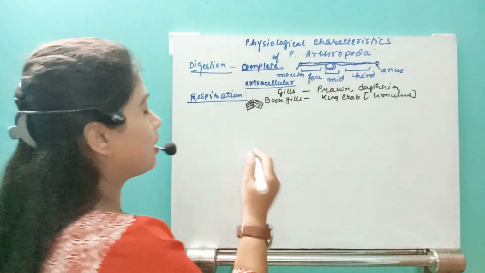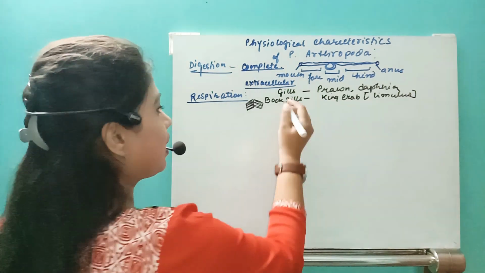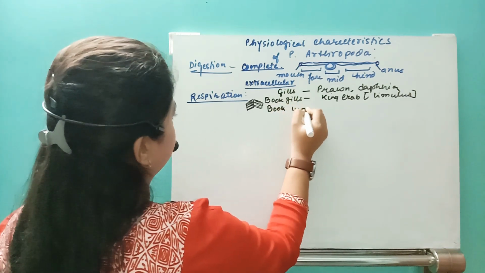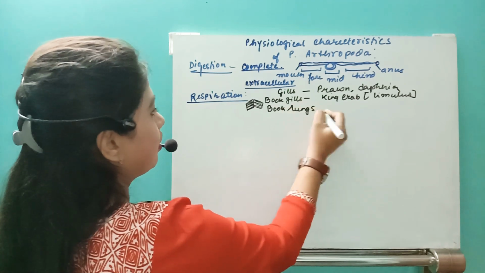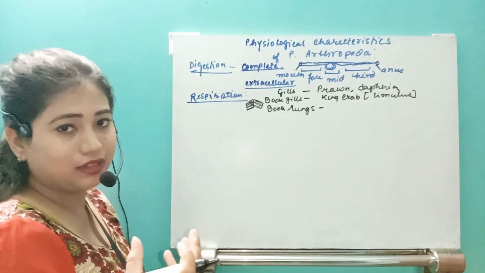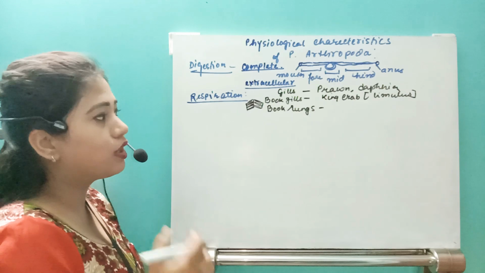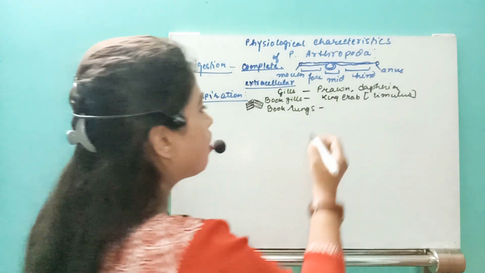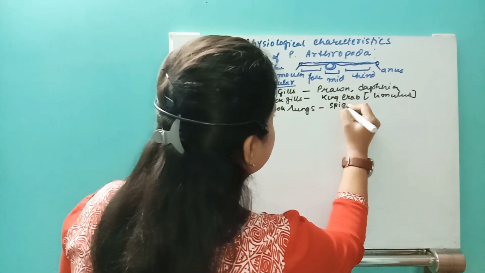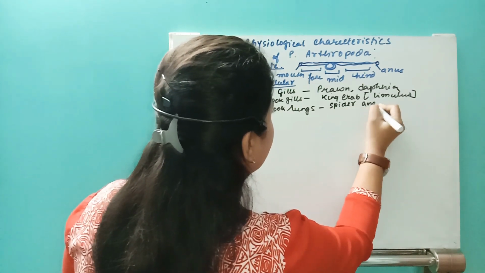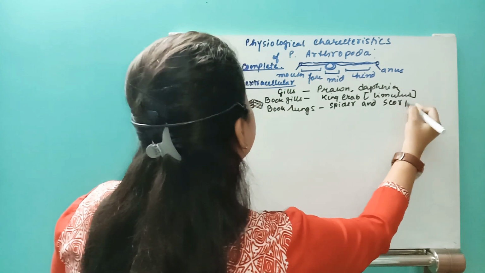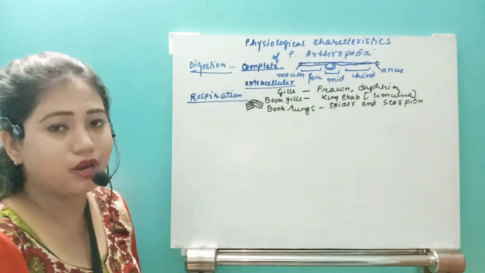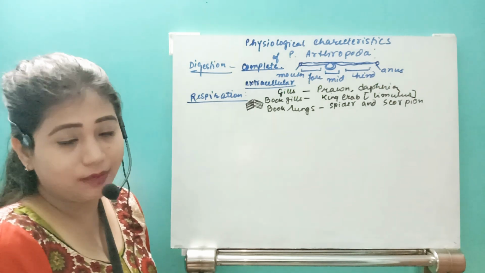Next characteristic: some organisms are going to have book lungs. It looks like an advanced form of book gills itself. It is present in terrestrial organisms. What are they? These are present in spider and scorpion. Spider and scorpion belong to a specific class in the phylum Arthropoda, that is Arachnida.